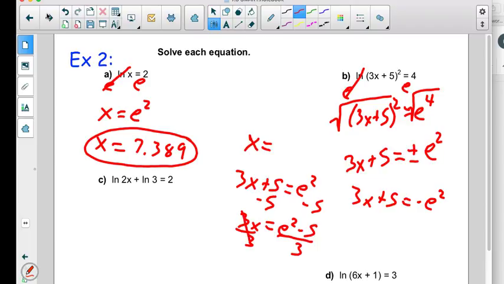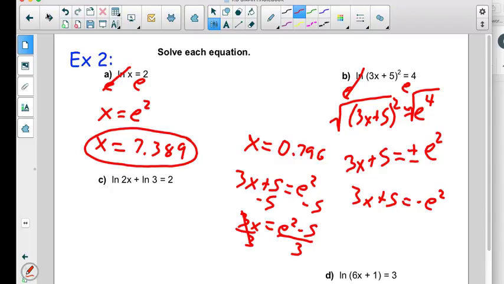I think it ends up being less than 1. 0.796. Yep. So make sure you type in e squared minus 5, and then hit equal and divide by 3.